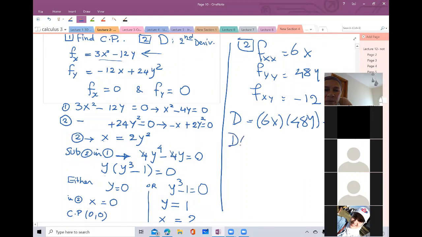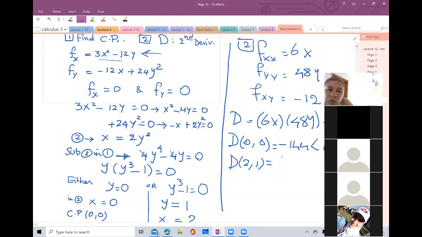Let's plug in the points (0, 0) and the point (2, 1). What are the values here? I care about the sign. At (0, 0), I have negative 144, which is less than 0. This is definitely a saddle point from my theorem or my test. Here at (2, 1) will it be positive or negative?